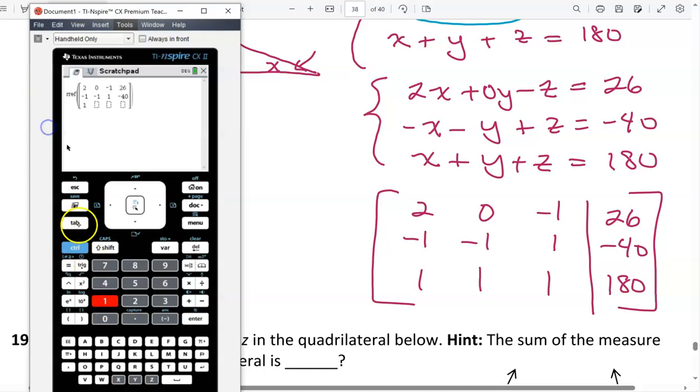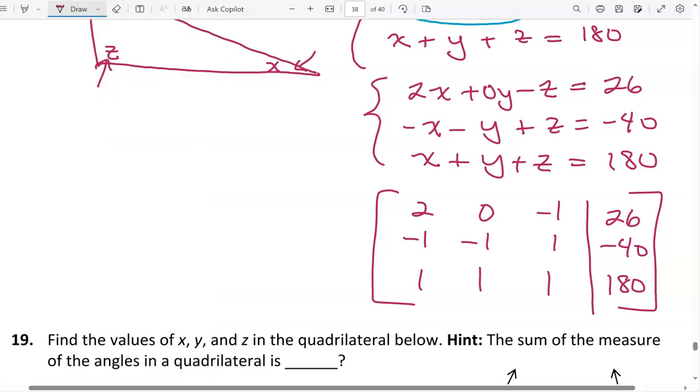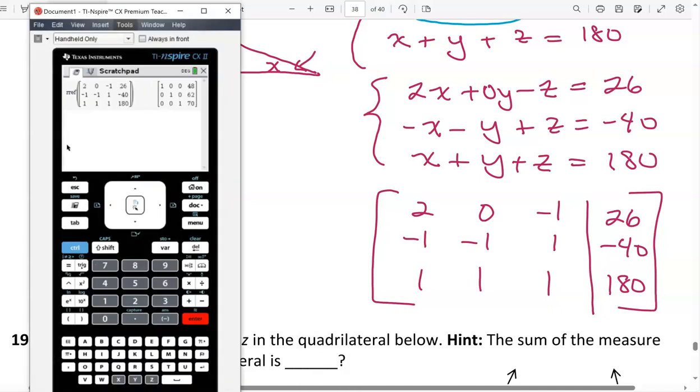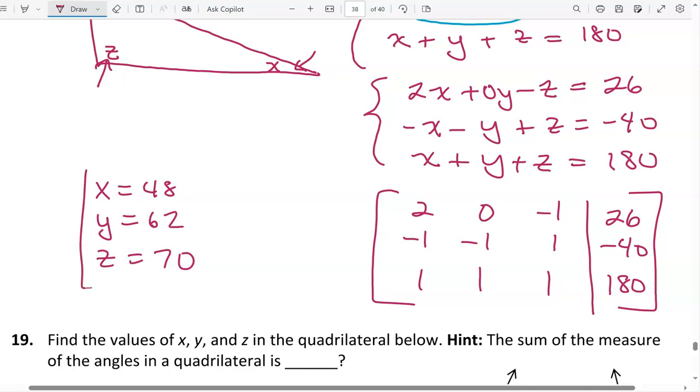And bottom row 1, 1, 1, 180. And we get 48, 62, and 70. So x is 48, y is 62, and z is 70 is my solution.